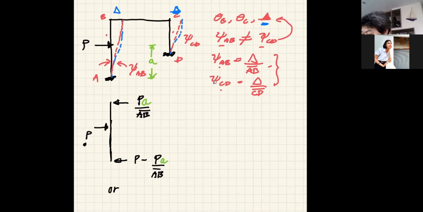Yeah, sure, why not? So it's just equal to P times (AB minus A), divided by the length AB. It's the same, right? And that is the force due to P. Then again, you can write another free body diagram and put your MBA here.